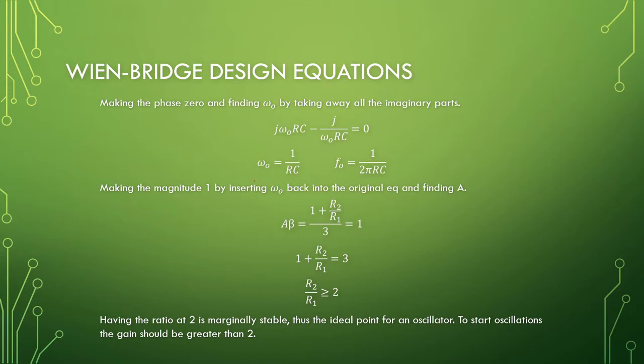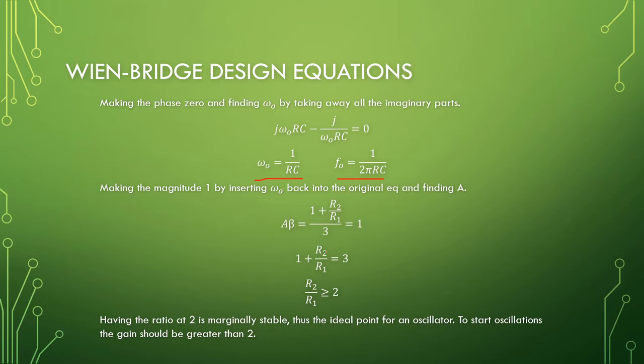And from that, our omega 0 is 1 over RC, or if you're dealing in hertz, 1 over 2 pi RC. Then we take this omega 0 and plug it back into the original equation, and we are left with 1 plus R2 over R1, over 3, and this should be equal to our loop gain of 1.